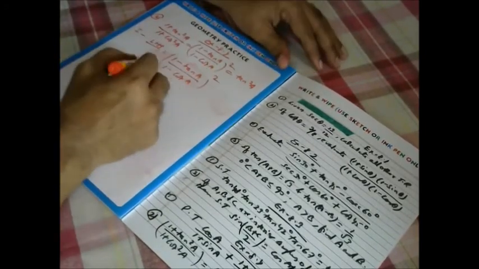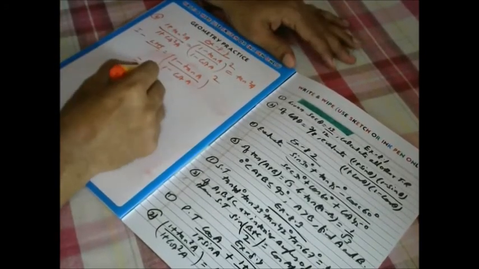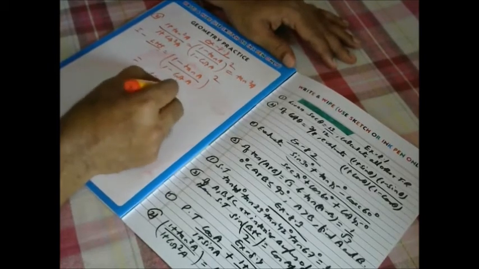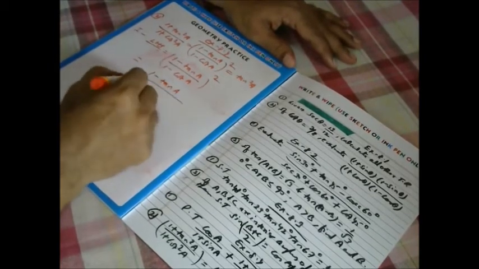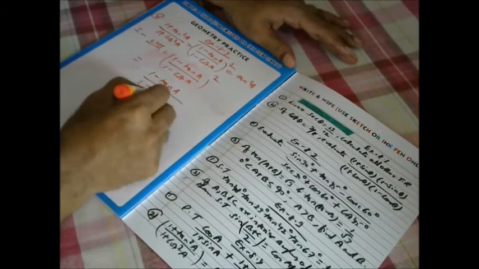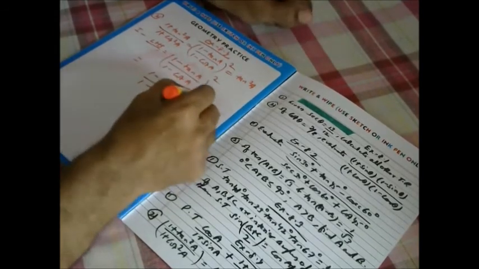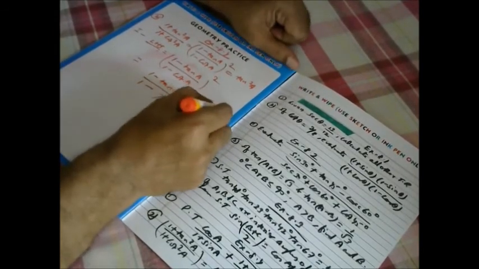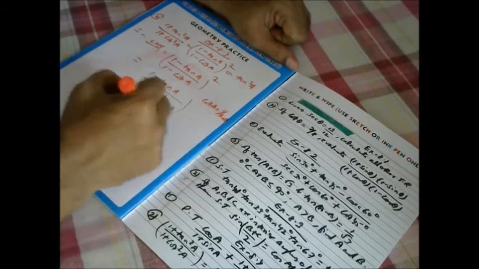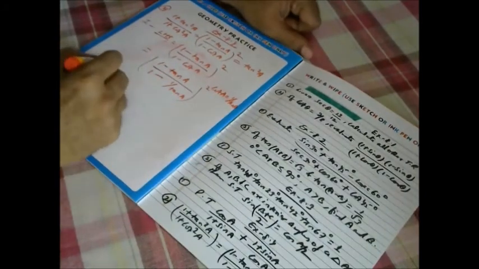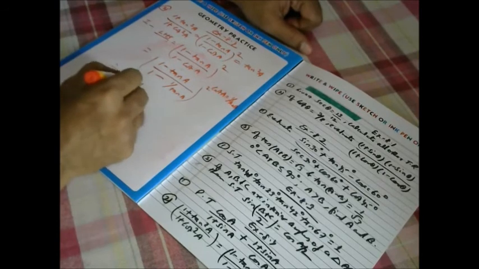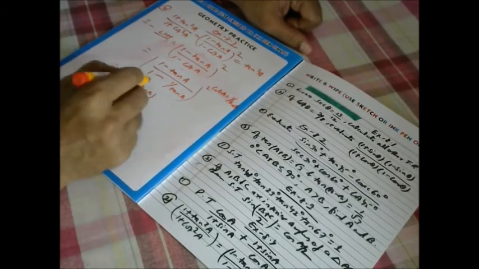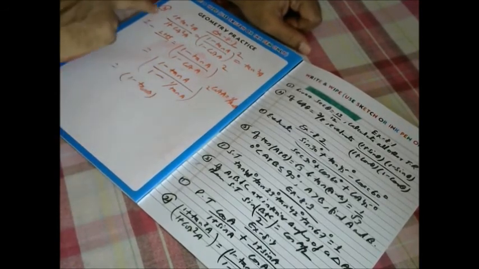We will do inside only, just as we did earlier. So 1 minus tan A, and divided by cot A, we will write as 1 by tan A.